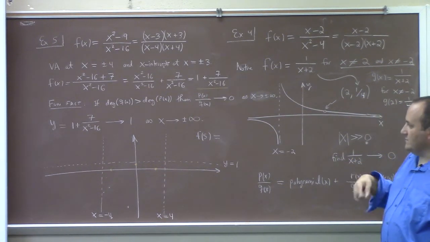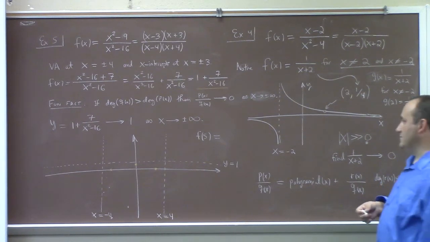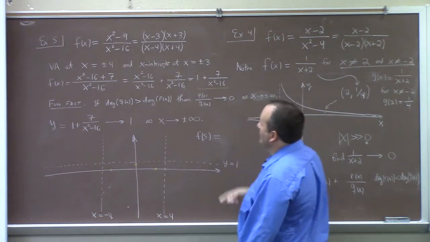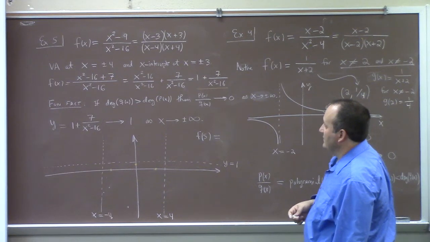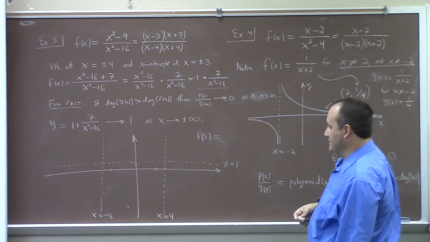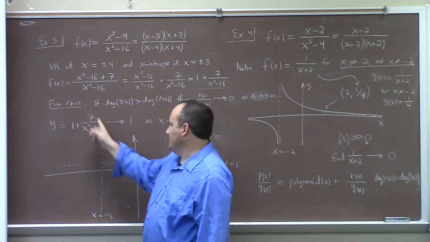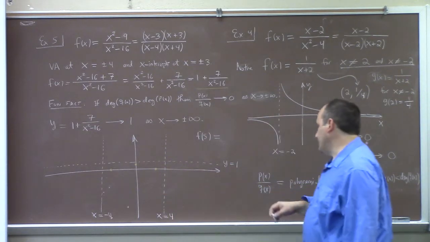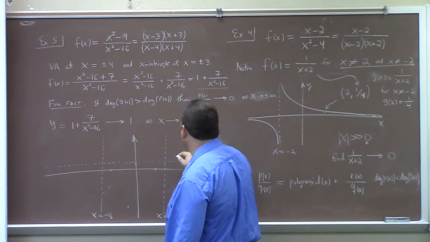That's 1 plus 7 over 25 minus 16, using my snazzy formula right here. Or you could use the original formula if you want. It's 25 minus 9 over 25 minus 16. The point is, it is positive, right? And it's also a number larger than 1, right? So f of 5 is up here somewhere.